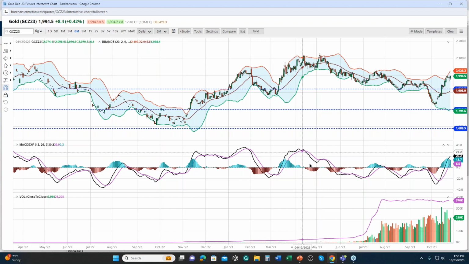But what did the MACD do? Our MACD went lower, showing us negative momentum. This is called a negative divergence or a bearish divergence. That would be a great selling opportunity. The market is telling you not only are we going to revert back to the mean, but we're going to probably go from the outer band to the lower band. This is exactly what we did.